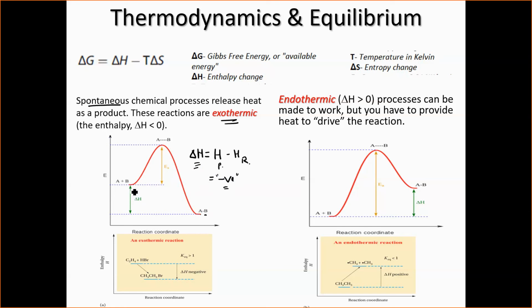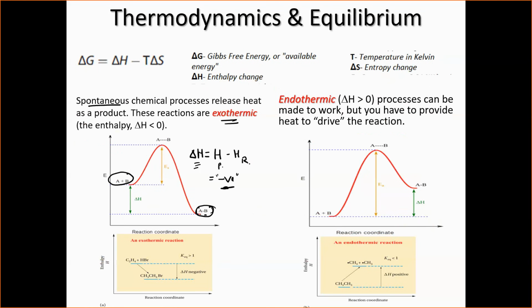So A and B reacting to give AB. AB is the product, right? So on going from here, AB has a lower energy than the reactants, right? So whenever you have that, you will end up getting negative. So change in delta H is negative means it's an exothermic reaction, and those are spontaneous reactions.